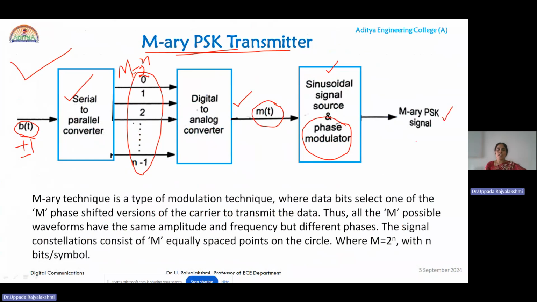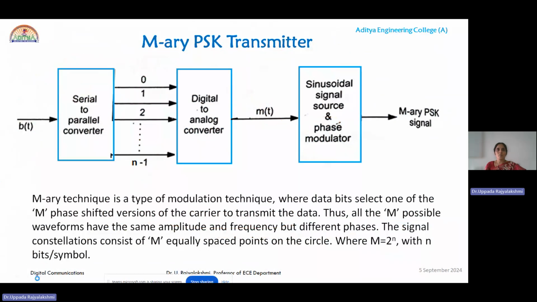Finally, an M-ary PSK signal is obtained, and that signal will be sent to the channel. Here you will have M phase changes of the carrier to transmit the data, where M is equal to 2 power n, and n is the number of bits grouped per symbol. Remember that all the M possible waveforms have the same amplitude and frequency but different phases.